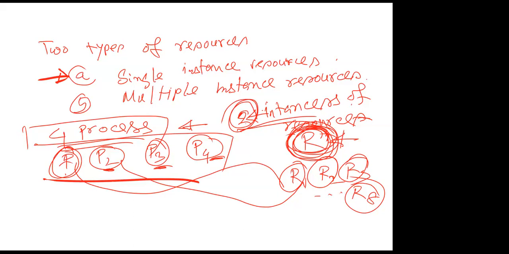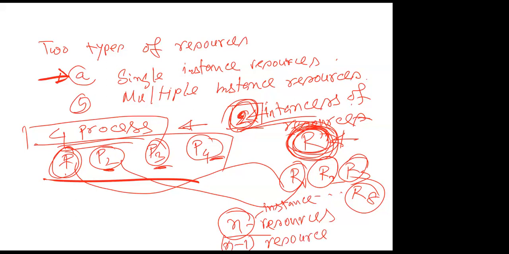To compute this, you need to first look at whatever resources they require. If a process requires a total of n resources to complete its execution, here 2 resources are required. If n instances are required to complete the execution, then to compute the minimum resources you need to allocate n-1 resources to every process.